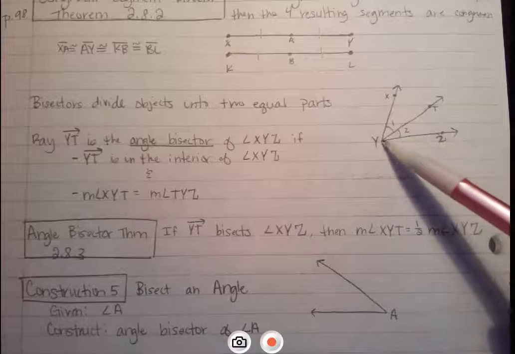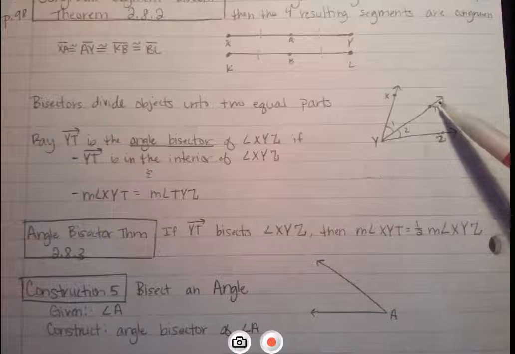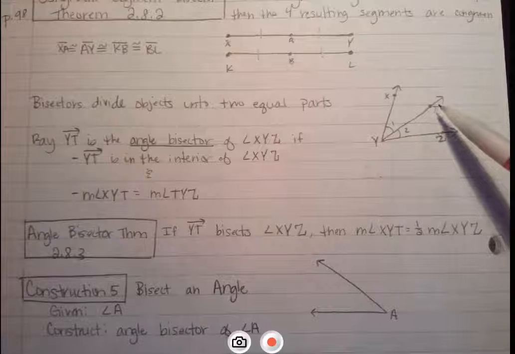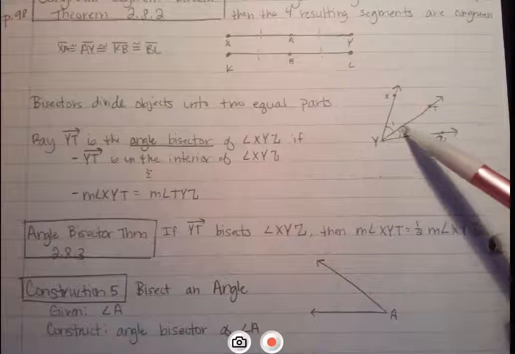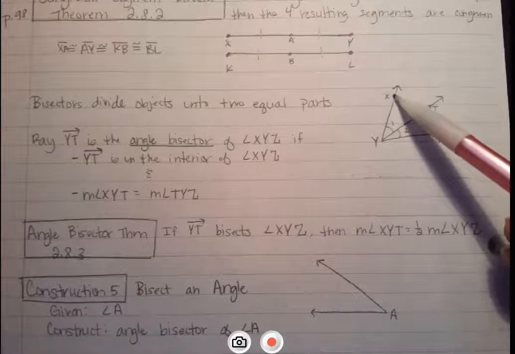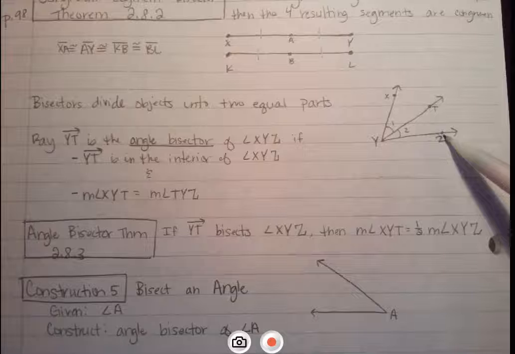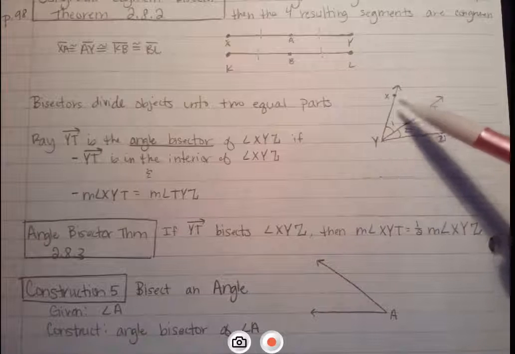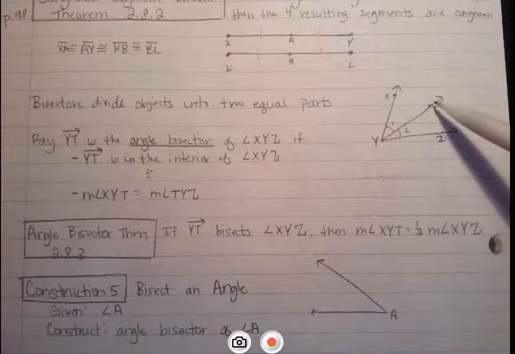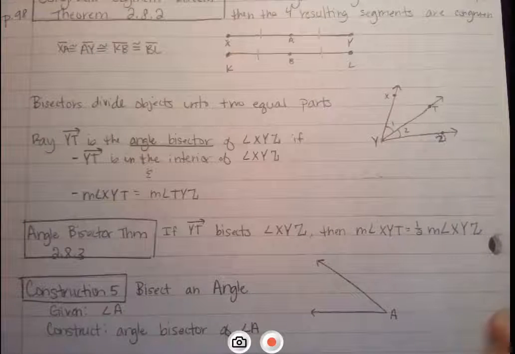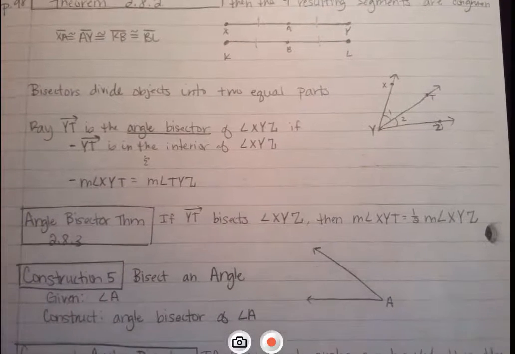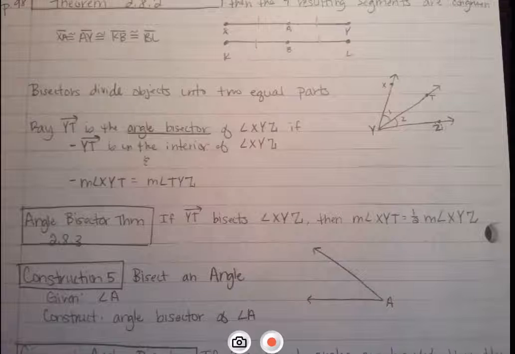If ray YT is the interior, what's interior mean? The inside. So if ray YT is inside of angle XYZ, and if the measure of angle XYT is equal to the measure of angle TYZ. Kind of a mouthful. Are there questions about that though?